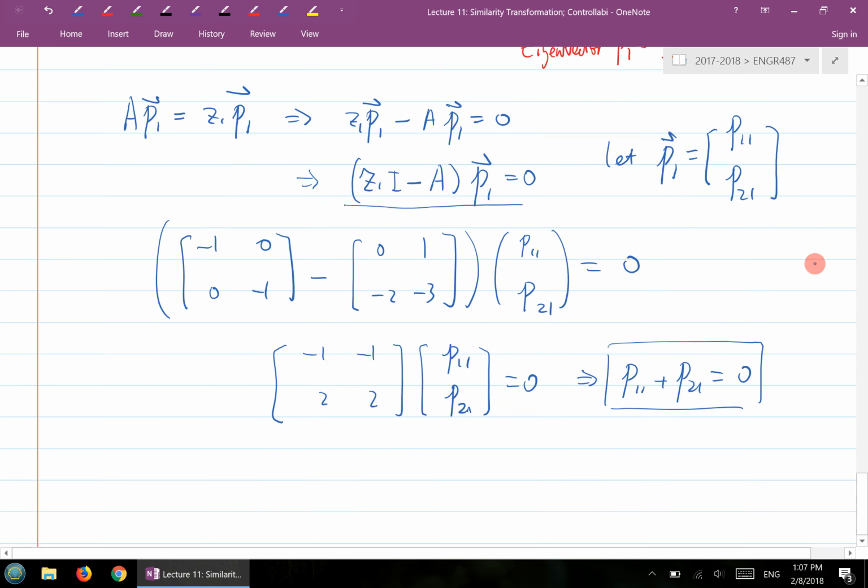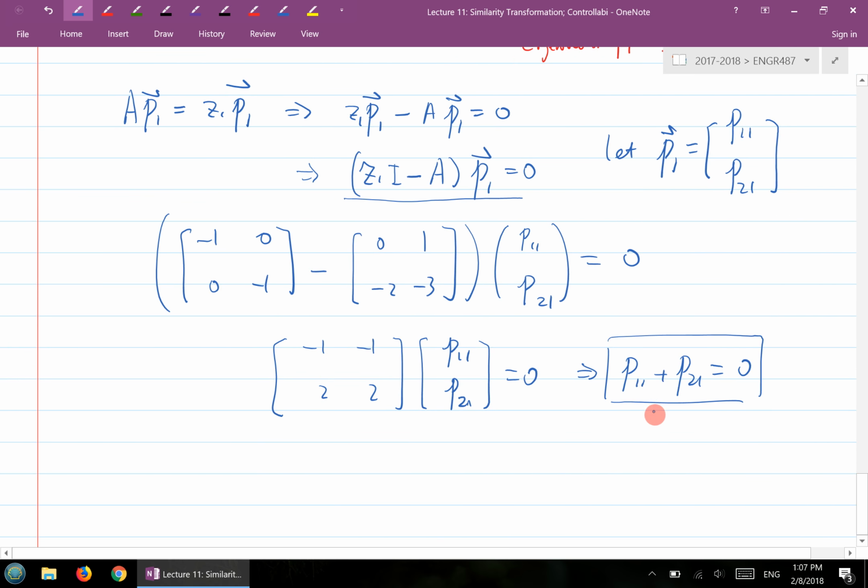To simplify, often you pick the simplest solution you can get. So let's let P11 equal to 1, and then P21 equal to -1, and these two add together to equal 0. That gives us this P1 vector, which is 1, -1.